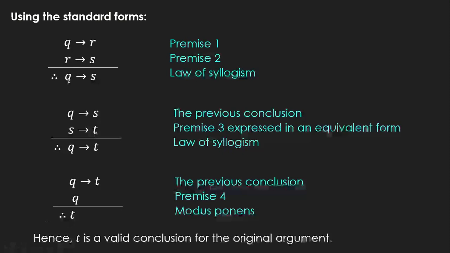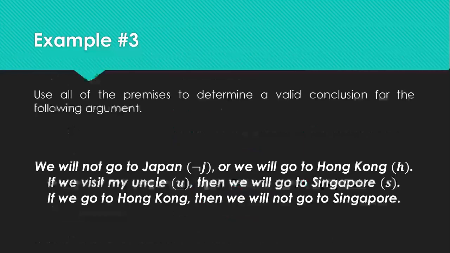Now, we had already presented the standard forms of valid and invalid arguments, and also used the standard forms to determine whether an argument has a valid conclusion. Now, in this example, we will try to determine what conclusion will be valid for the presented argument.